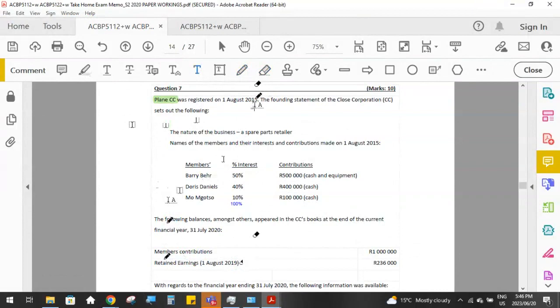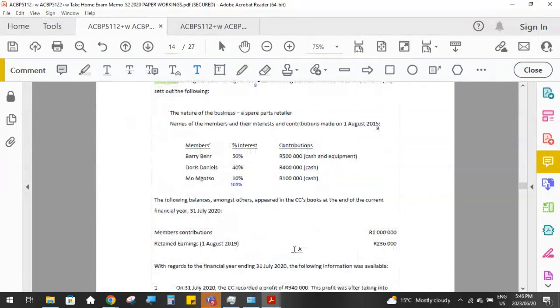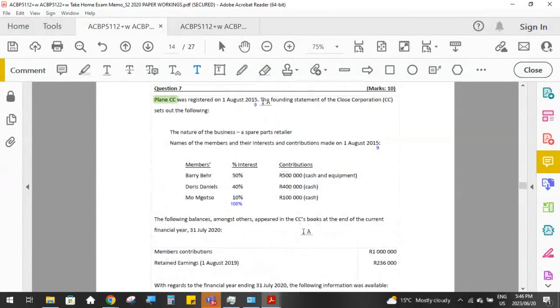That should be a 9, 2019. That's July 2020, and this is 2019. This is 2020. Okay, so it's this 5 that was incorrect, and it's that 5 there that's incorrect. Okay, that will make more sense.